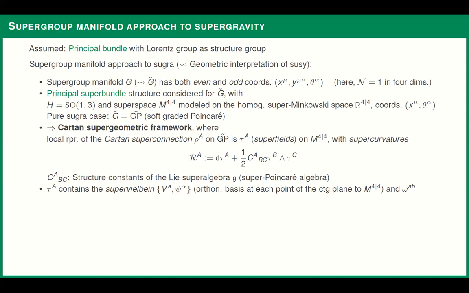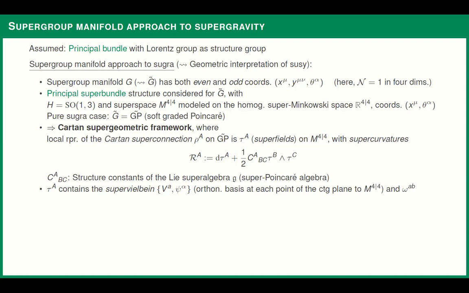So we consider a principal superbundle, at least you can think of it in this way, in which H is just SO(1,3), so it is just Lorentz, and the superspace M4 is modeled on the homogeneous super-Minkowski space, spanned by the coordinates x and theta. For instance, in the pure supergravity case, we have the soft graded supergravity.